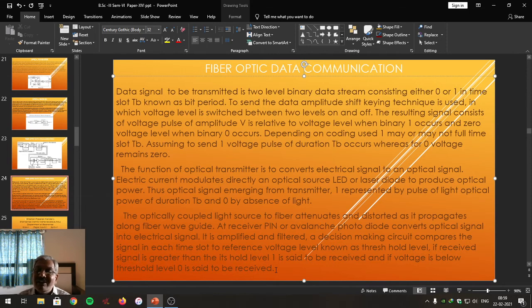Thus the digital data will be received. It may again be decoded and converted into the required acoustic signals at the destination.